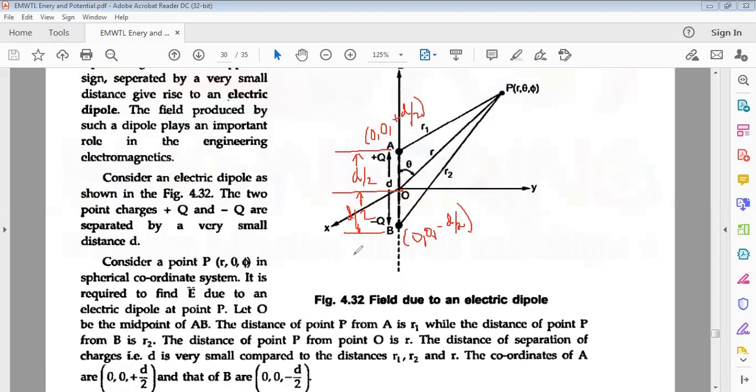So these are the distances and coordinates of points A and B from the origin.